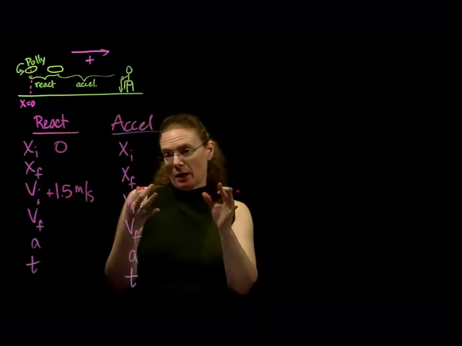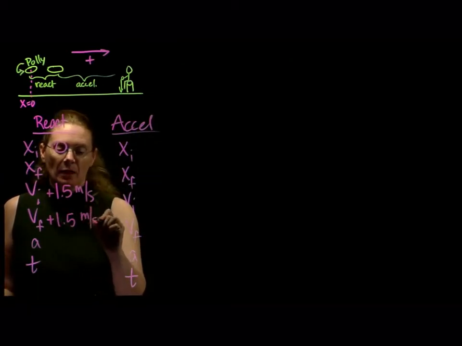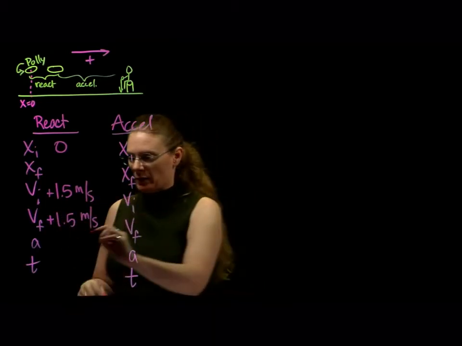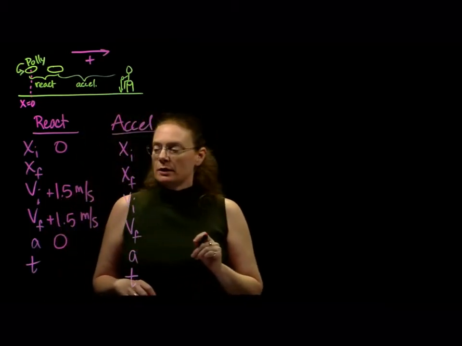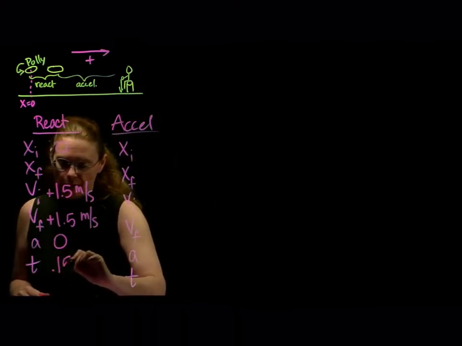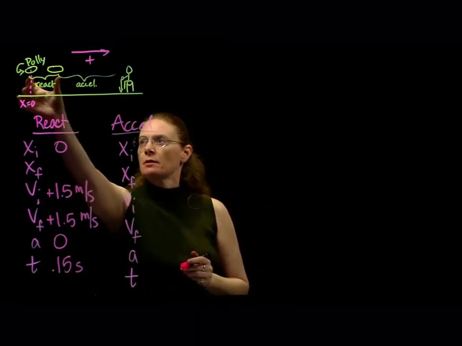And since she's moving at constant velocity, that's her ending velocity as well. And if we have constant velocity, we're not changing velocity, we have no acceleration. Do we know the time? Yes, we were given a reaction time of 0.15 seconds. Okay, so that's our first reaction time. So that's this little bit here.